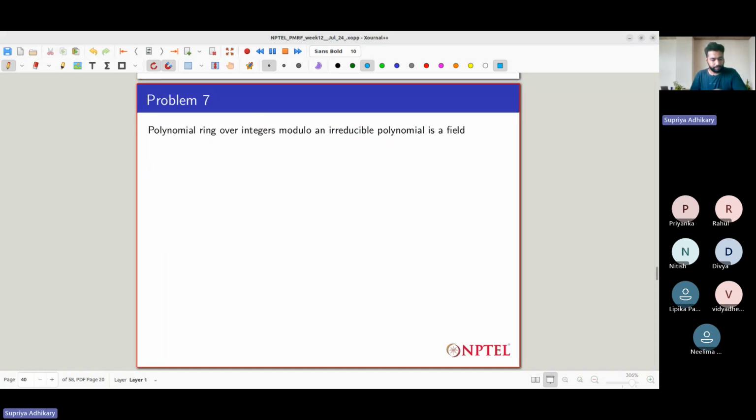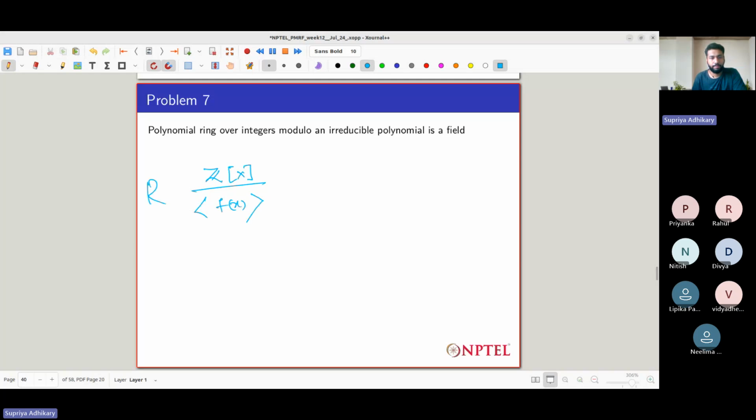So in problem 7, we need to find a... So we have to prove this statement. The statement is that the polynomial ring over integers modulo an irreducible polynomial is a field. So that is, we are given this.